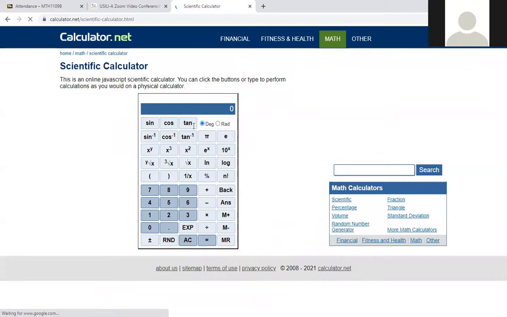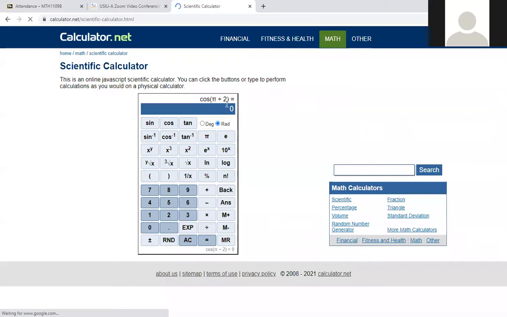I'm doubting that calculator. Let me use this other one. So this is radians. The cosine of pi divided by 2 gives me 0.